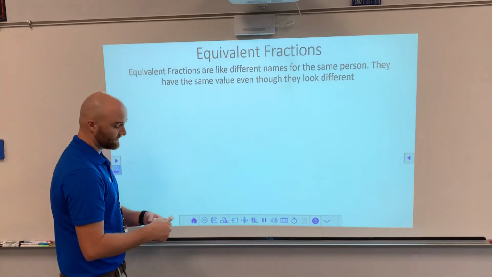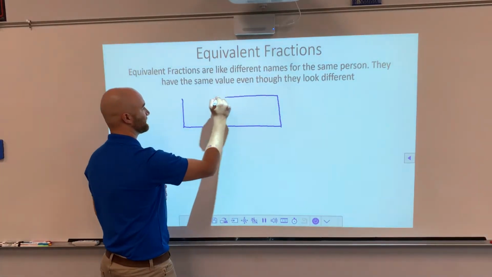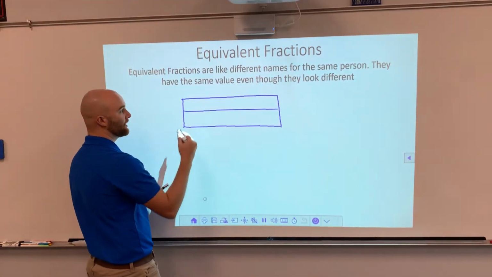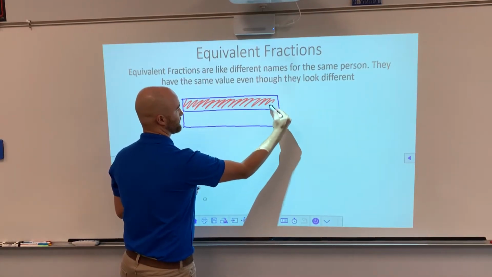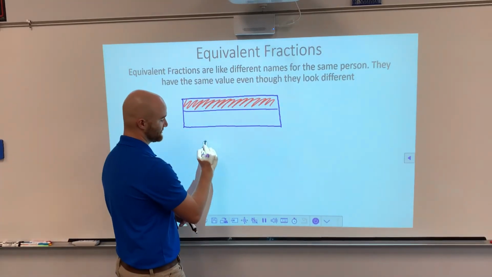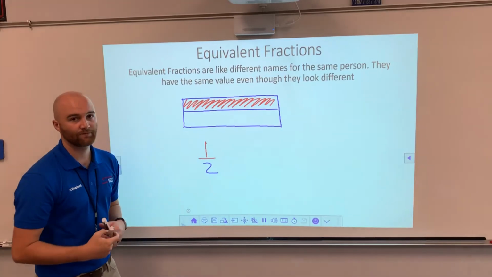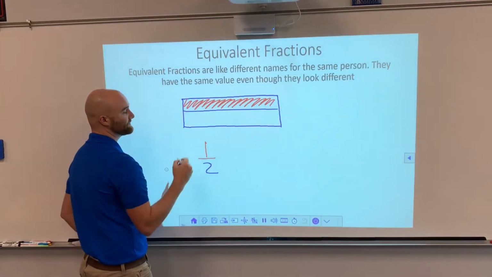So, what if instead I had something that looks like this? And again, I'm going to shade 1/2 of it. So I've shaded 1 part out of 2. This is 1 part shaded out of 2 parts that would make the whole. If I decide to split this up, I can say now, let's split it up some more.